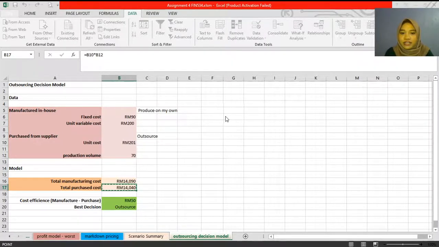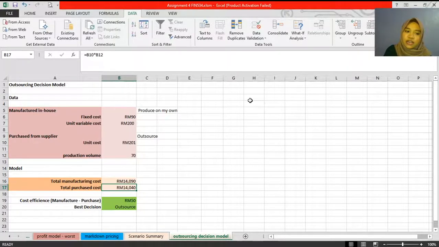I set the cell for the value of 50 ringgit, by changing the cell, this unit cost, because we purchase from the supplier. Okay, and that's why I get 50 ringgit here.